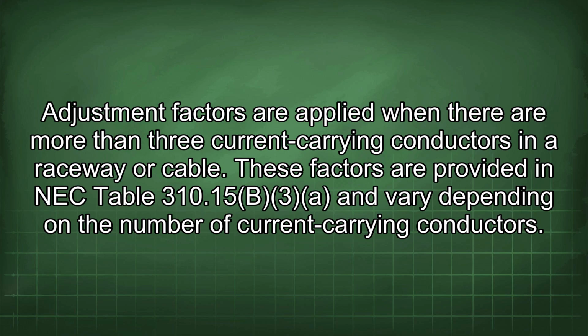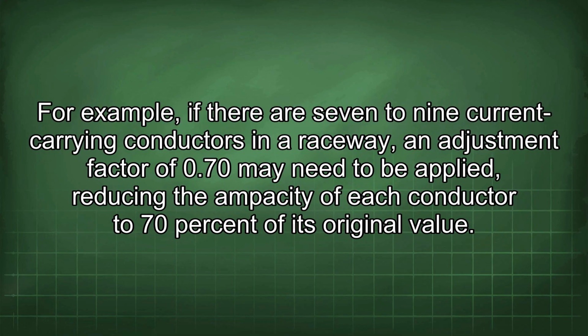These factors are provided in NEC Table 310.15(B)(3) and vary depending on the number of current-carrying conductors. For example, if there are 7 to 9 current-carrying conductors in a raceway, an adjustment factor of 0.70 may need to be applied, reducing the ampacity of each conductor to 70% of its original value.